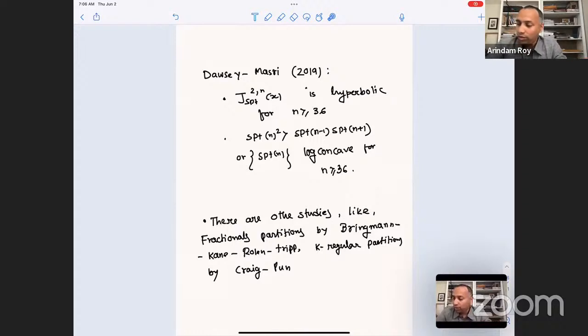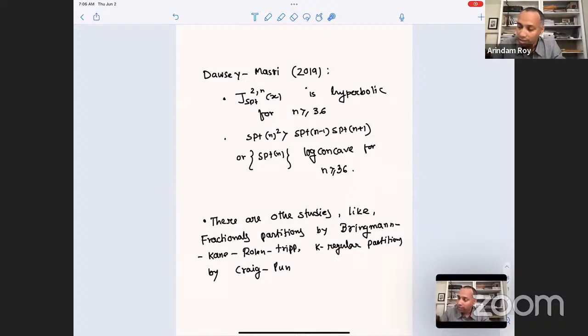There are also other results, for example Craig and Pun, who look at k-regular partitions. For k-regular partitions, you look at parts not divisible by k, and they are able to show that the corresponding degree 2 Engel polynomial is hyperbolic. I'm not sure any study for degree 3 exists.